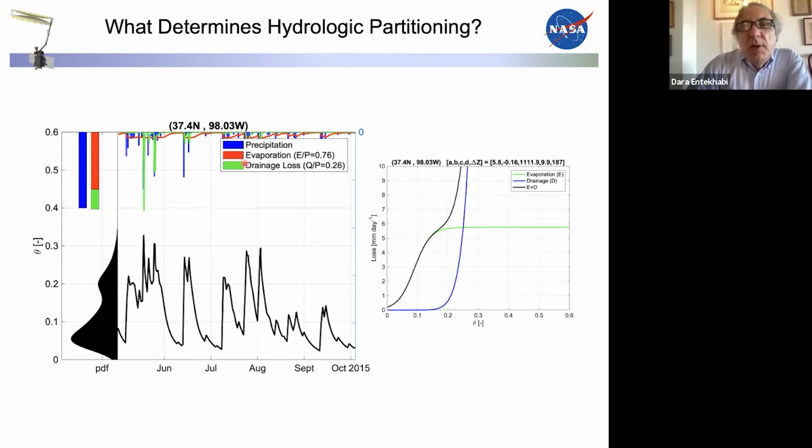For this particular pixel, just remember these numbers. It's about 3/4 evaporation, 1/4 runoff in this particular location. So again, this PDF and derived distribution of the loss functions gives us these numbers.